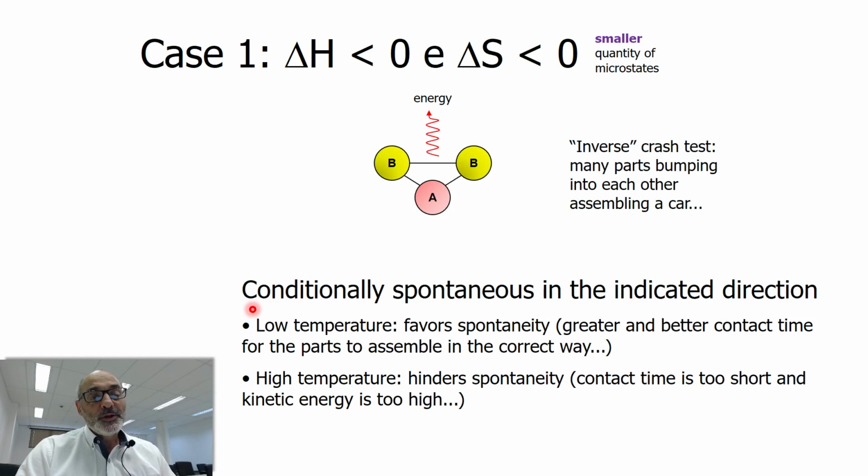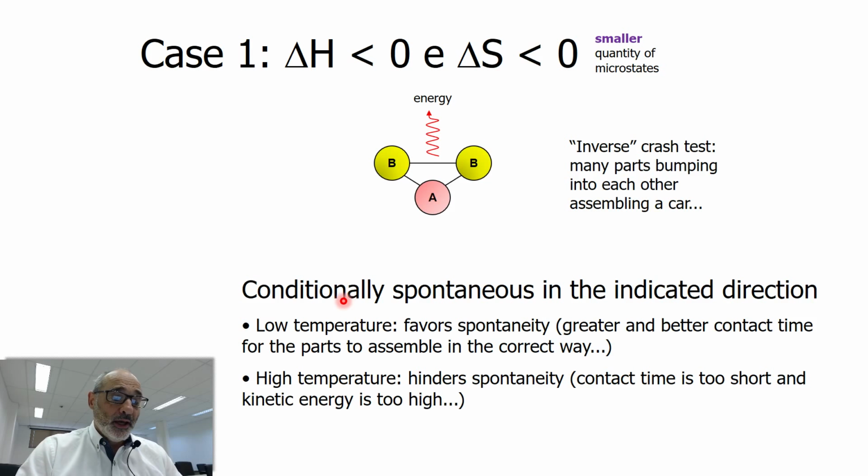At low temperature, this may happen, because even though it's hard to imagine, at low temperature they are approaching at low speed, so they probably have enough time to combine and to form a lower entropy molecule.